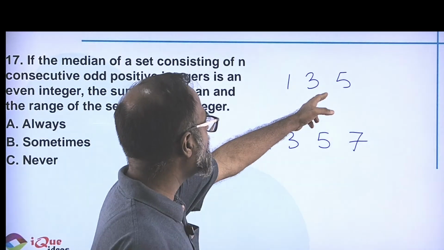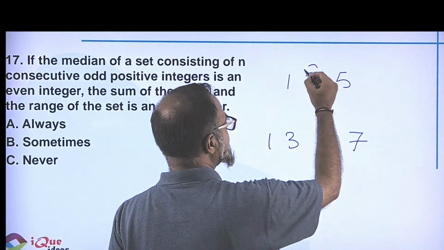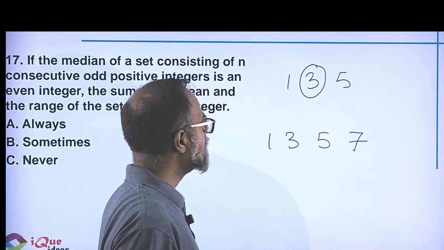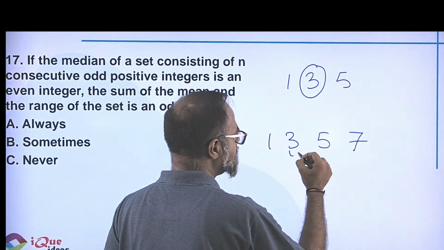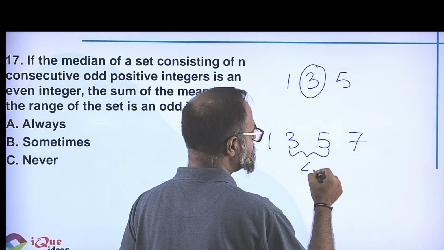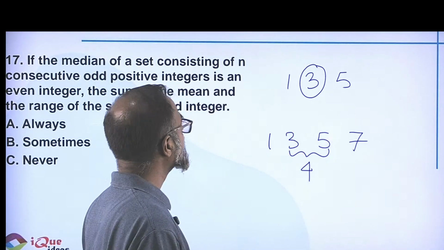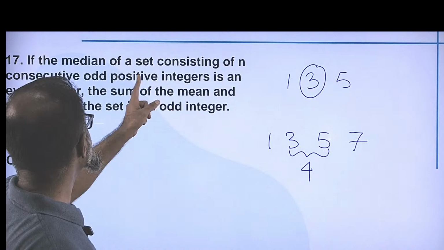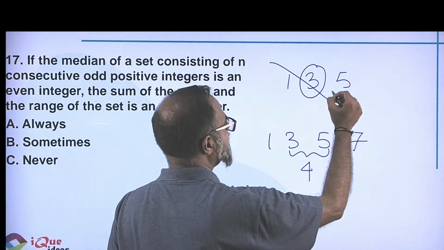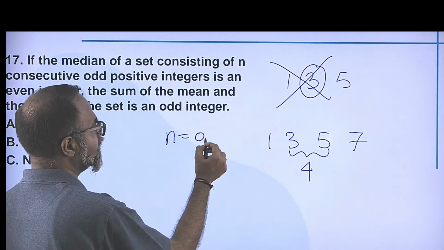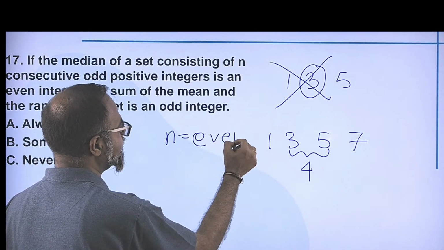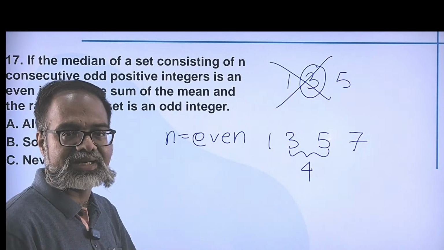So if it is an odd number of elements, then the median in this case will be 3. But if 1, 3, 5, 7, if n is even, then the average of the middle 2 numbers will be the median, which in this case should be 4. Now, it says the median is an even integer. So definitely this is not my case. So the first derivation I have is that n is an even number. The number of elements in the set is even.